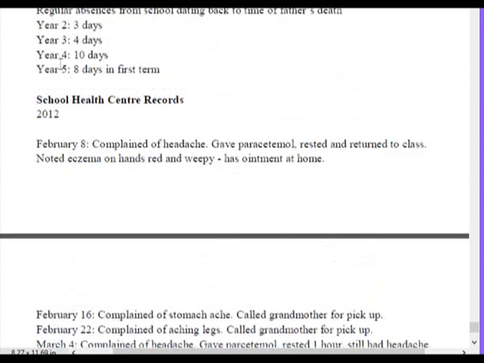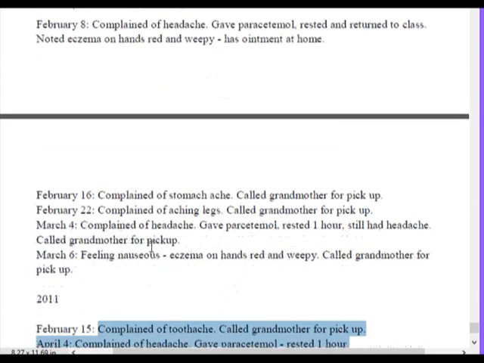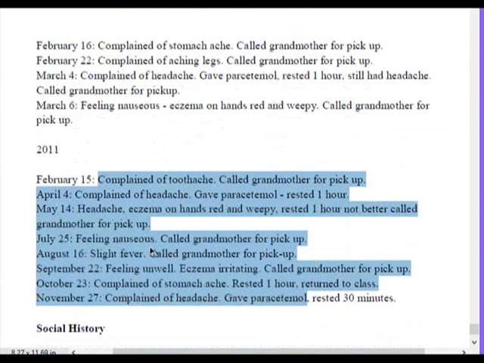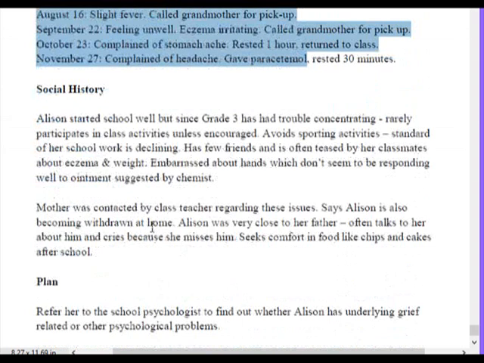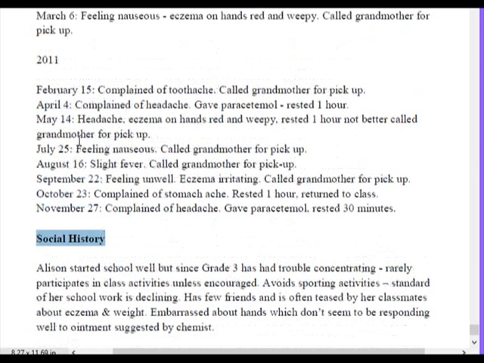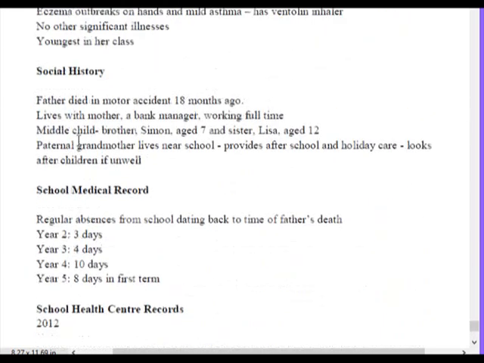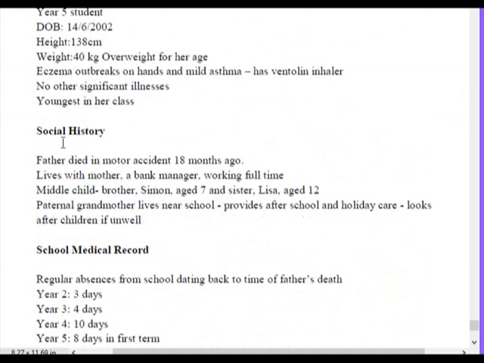Now if you also notice, this happened here, this is 2011 and this is 2012. So you need to connect those points together. In the letter, you will exactly be able to see how it's written, how the points are connected to each other. Let's look at social history. So I feel there are 2 places where social history is divided.